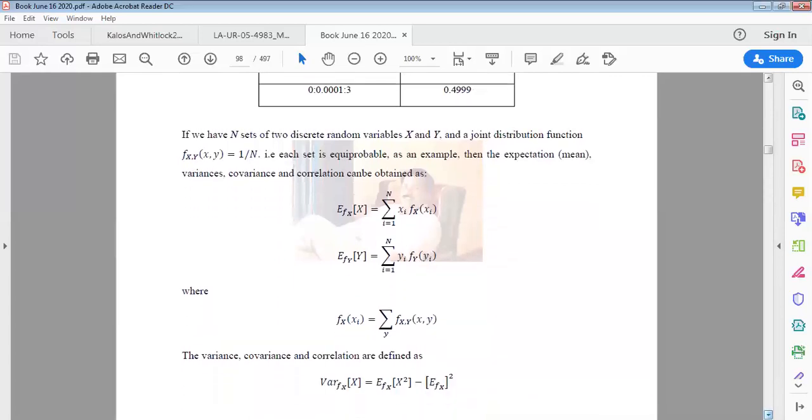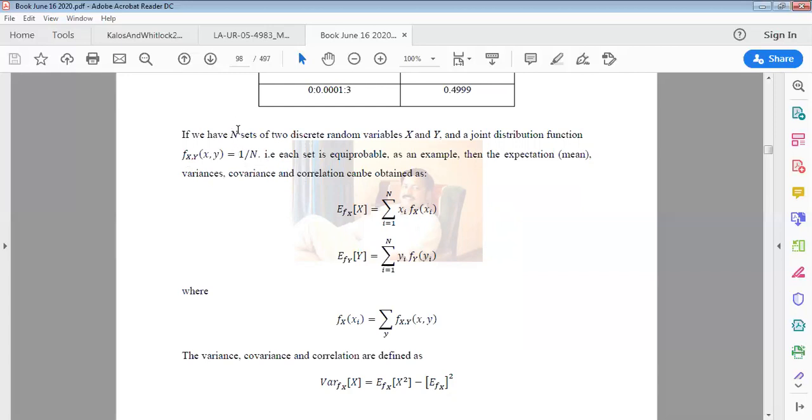Okay, so now let's say you've got two discrete random variables, so you've got joint distribution functions. The case that I just showed you was for one variable. Now supposing, so I put a little example over here, that you've got two random variables, x and y, with realizations small x, small y.